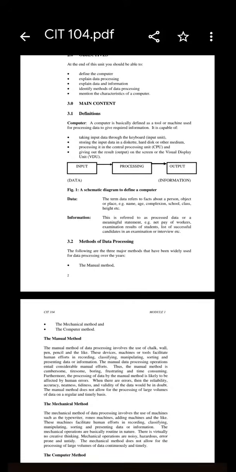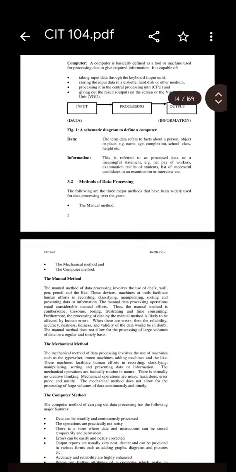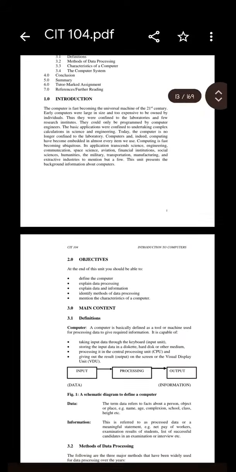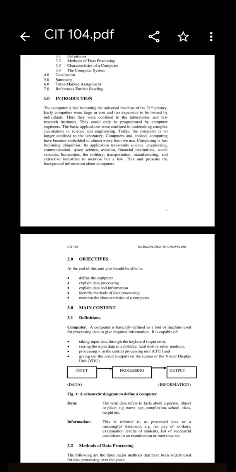Now let's go straight to the methods of data processing. How many methods of data processing do we have? Who can tell me? Let's go to the comment section. How many methods of data processing do we have? It's already showing my screen, let me hide it. Yeah, methods of data processing. How many do we have?